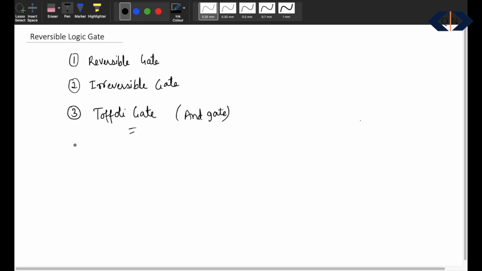Okay. After that, fourth, we will look at how we can make any irreversible gate as reversible gate.